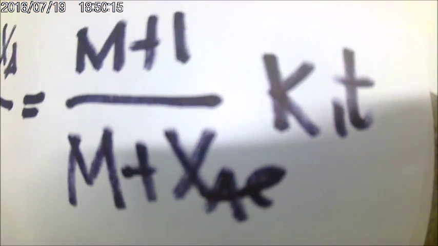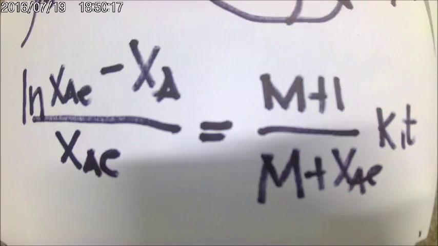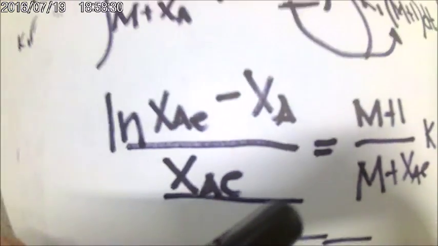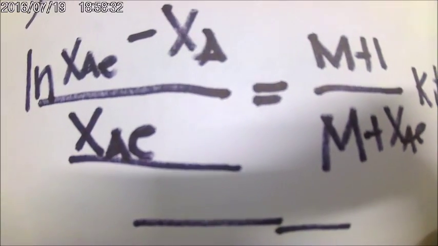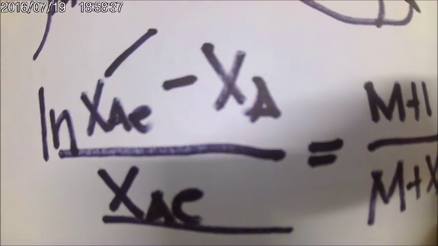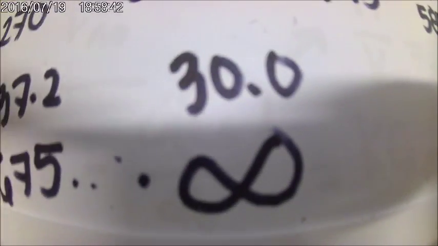That's how you arrive with this equation. So we already have this equation and this value. Remember that this is the equilibrium conversion, but this is the percentage yet. We have to convert this first, and we already had.